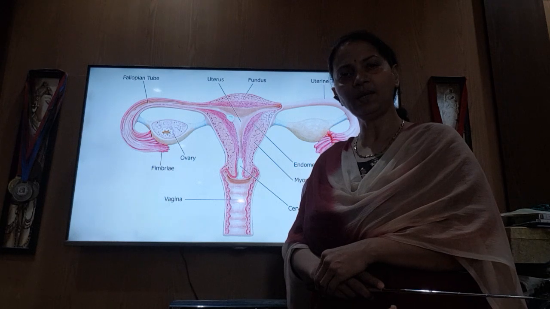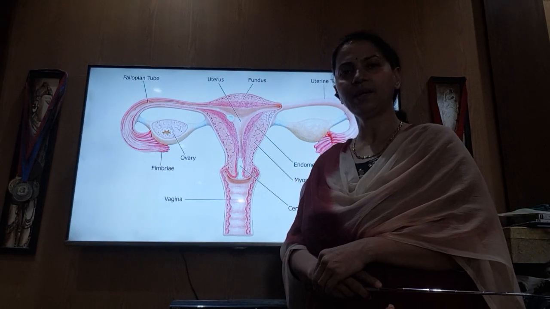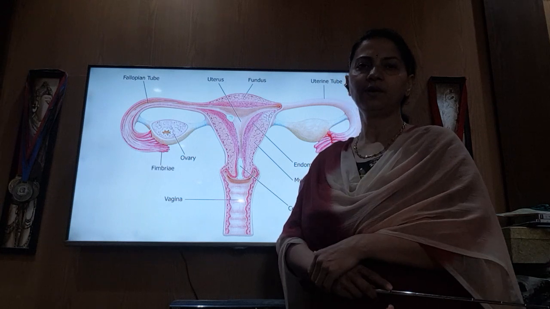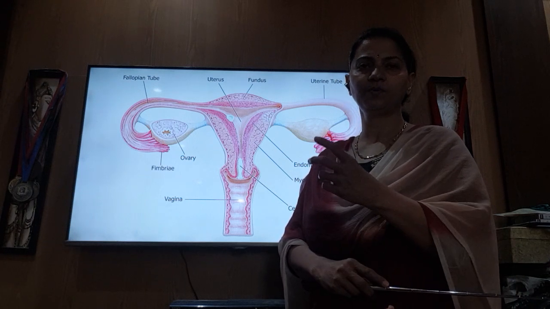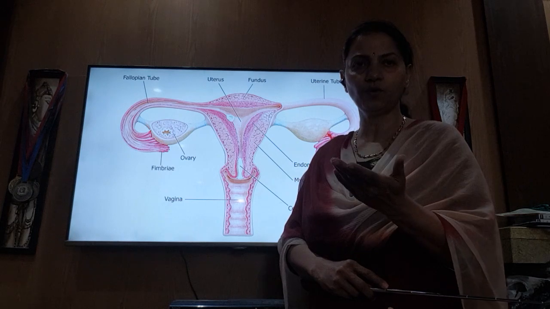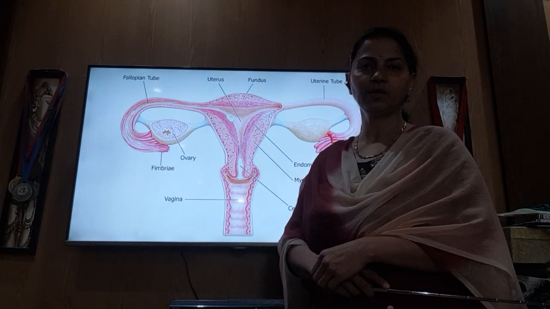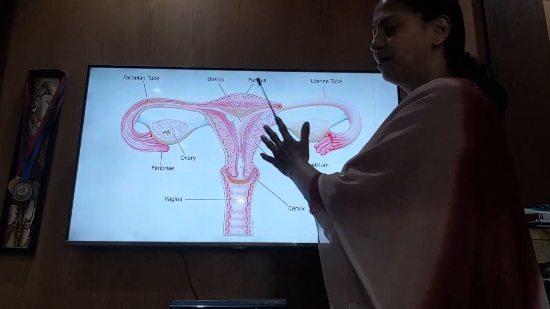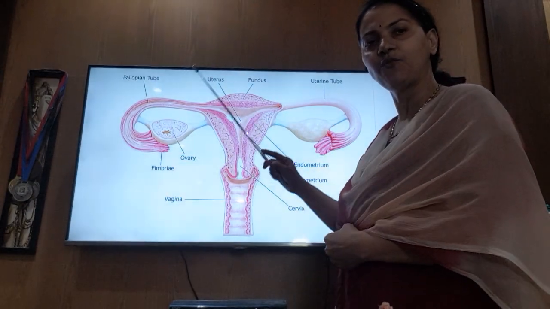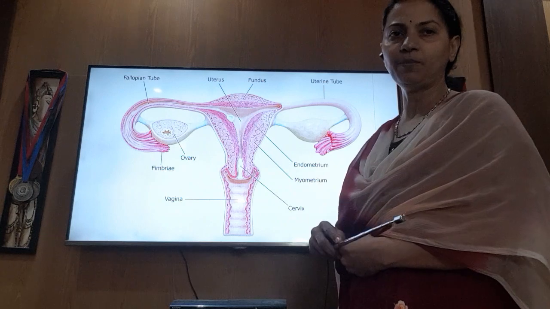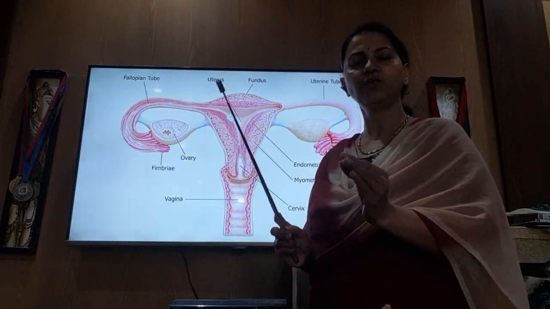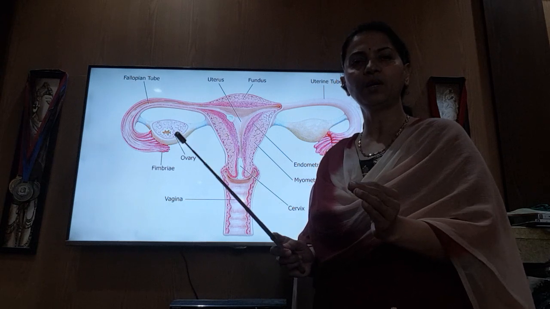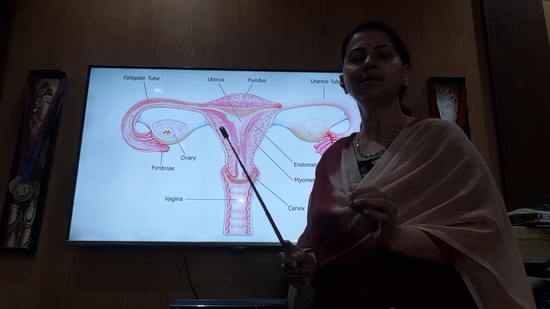When we study embryology, you will understand these are nothing but parts of embryonic tubes which were destined to form the male reproductive organs, and since this person became female, the female reproductive organs developed, and all the structures which could have formed the male reproductive organs, they all disintegrate.